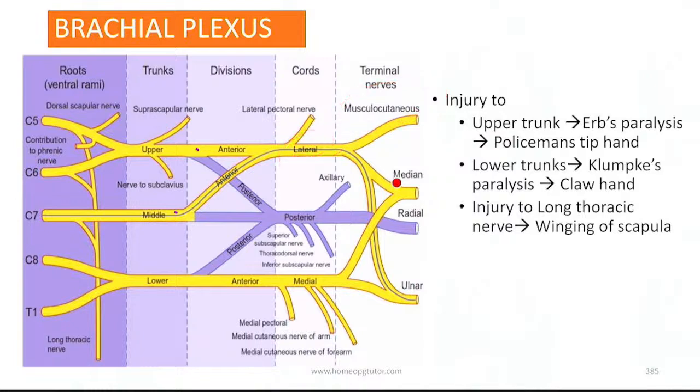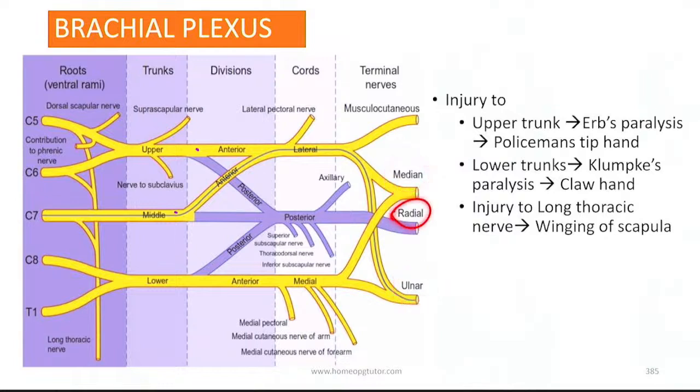The median nerve is formed by the joining of the lateral and medial cords.